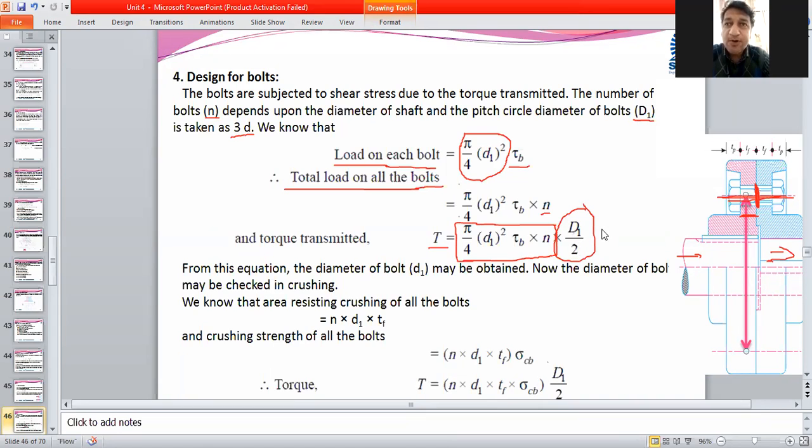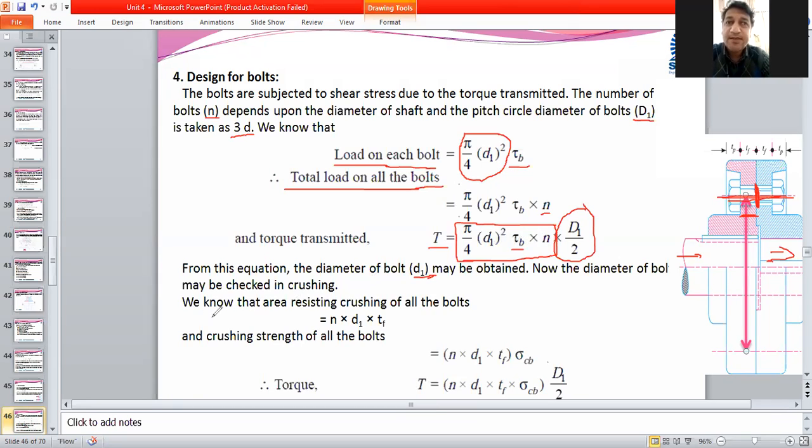From this you can calculate the diameter of the bolt, and if this bolt diameter is calculated, you can check it for the allowable stresses. If you have already calculated this bolt diameter by means of the proportional dimension calculations, then you can check it against the allowable shear stress in that bolt.